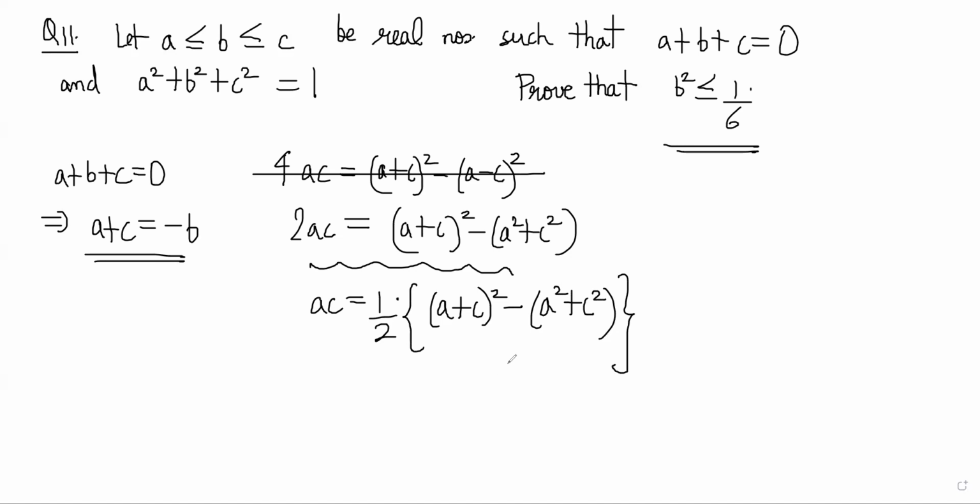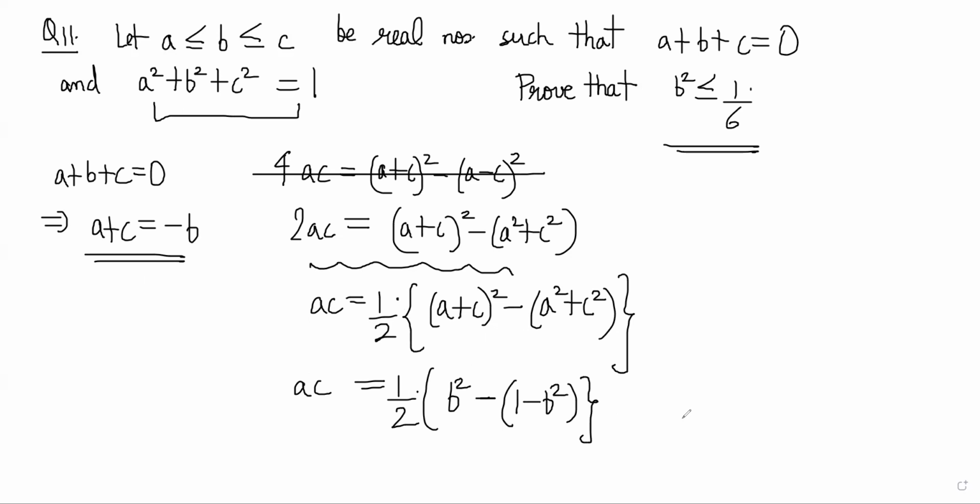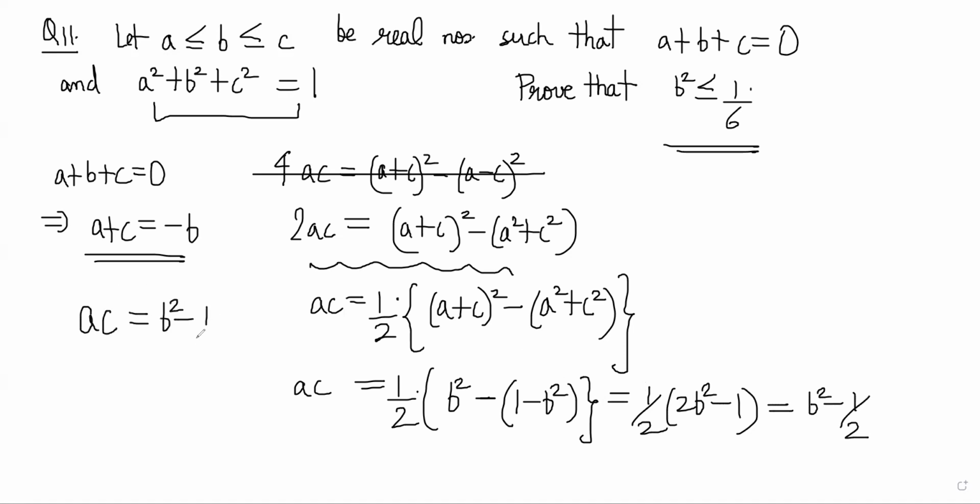Right? So now ac is equal to half of a plus c is minus b, so this is b square minus a square plus c square, which is clearly 1 minus b square. So this is becoming 2b square minus 1, and half of that is b square minus half. Correct? We are getting the product ac is b square minus half.